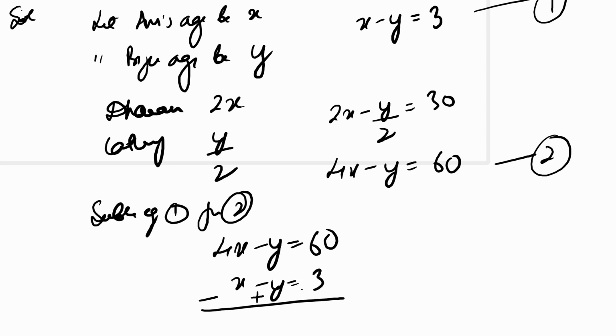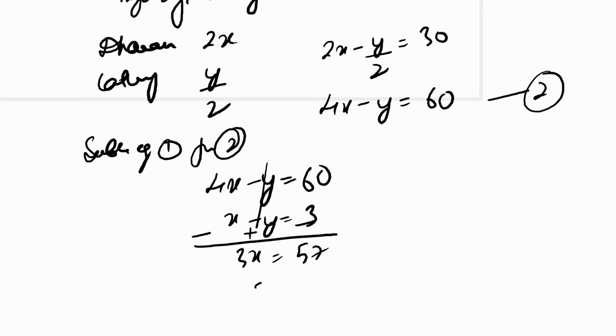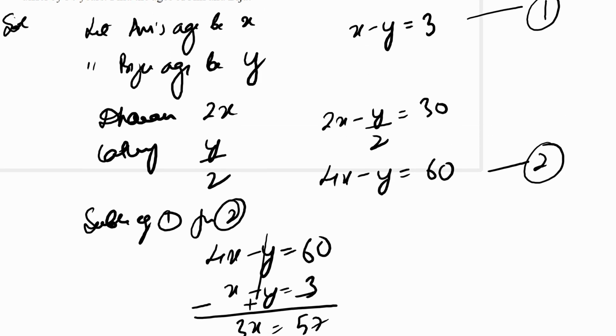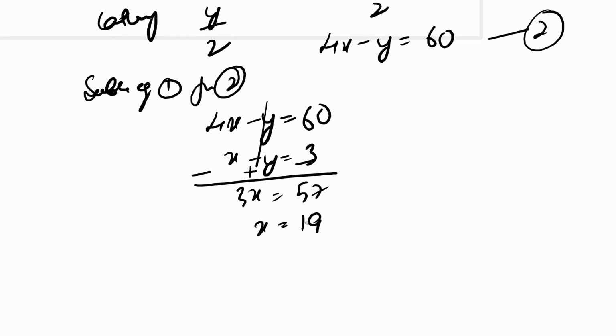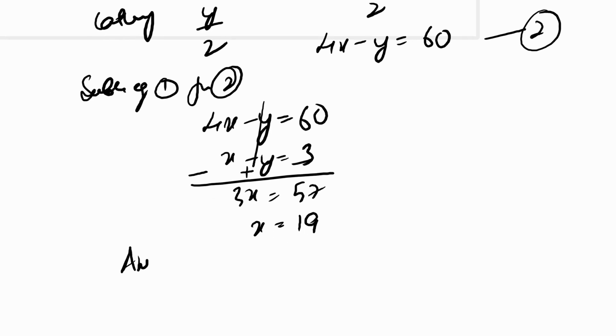Minus plus minus, this will cancel out. 3x is equal to 57. x is equal to 19. Okay, so x is Anni's age. Anni's age is 19 and Biju is 3 years younger. Biju's age will be 16, that is 19 minus 3.